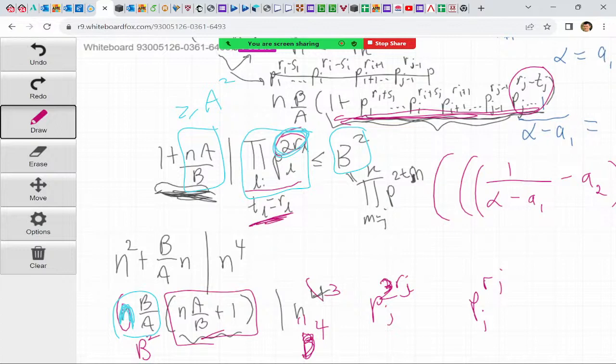When T is equal to R, there's exactly 4 lots because R is equal to T. Remember, if R equals T, then the powers exactly match. Oh yeah, you're taking that special case. And then that's less than or equal to B squared because it's just a part of B squared.